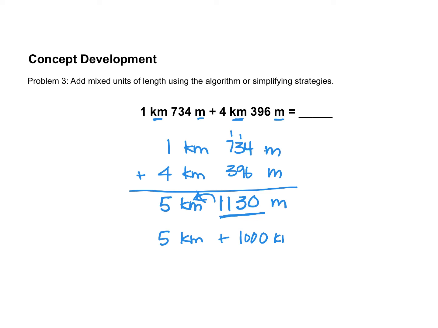Don't listen to me right there. Not 1,000 kilometers. I can have 5 kilometers plus 1 kilometer, which is from the 1,000 there, plus I have my 130 leftover meters. When I add those all together, I get 6 kilometers plus 130 meters.